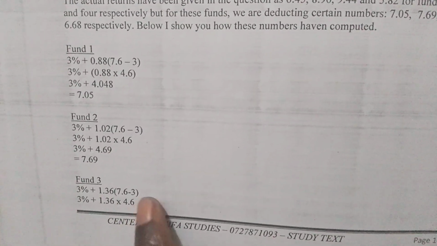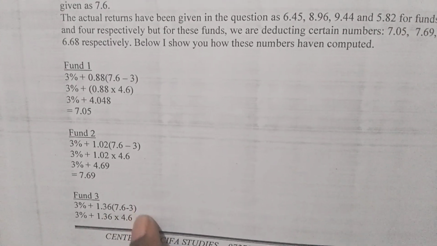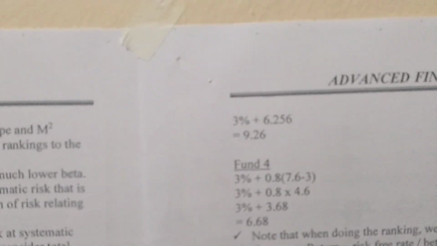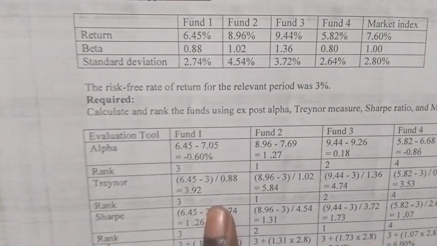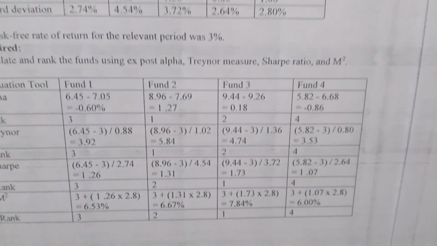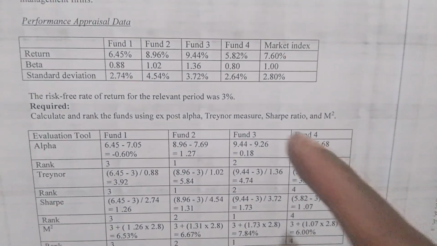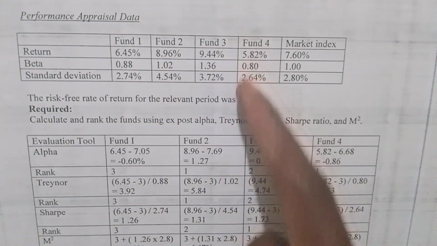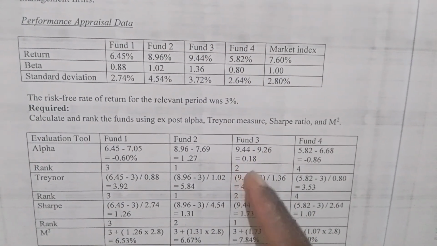So 3% plus 1.36 into brackets 7.6 minus 3, and you get 9.26. Therefore, our alpha for fund 3 will be 9.44 minus 9.26, we have 0.18.